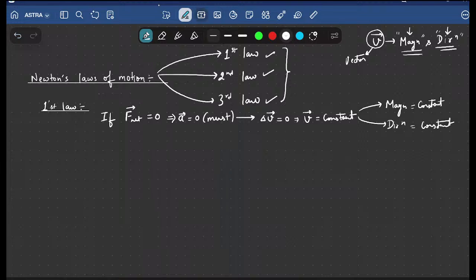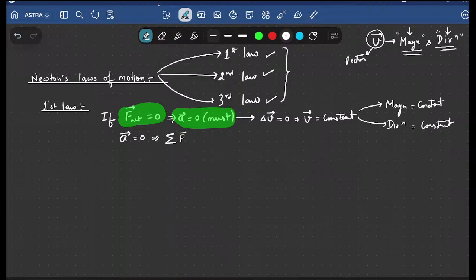So this is a must condition. You should remember always that this is a must condition for Newton's first law, that if net force is 0, then acceleration must be 0. Or vice versa is also true, that if the acceleration is 0, then net force is 0. What is net force?